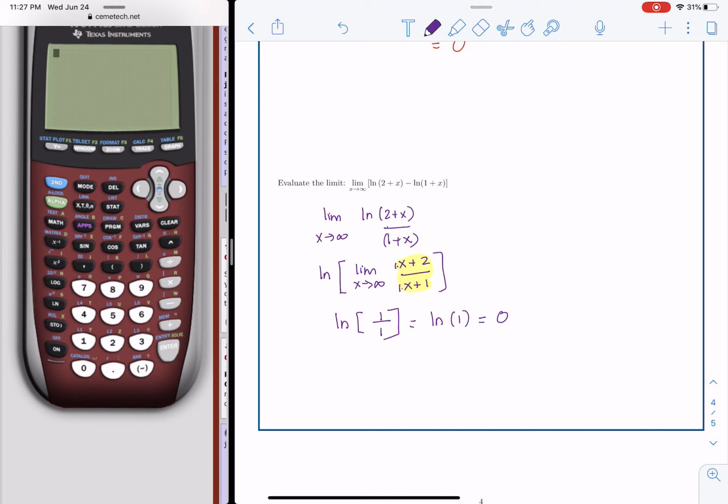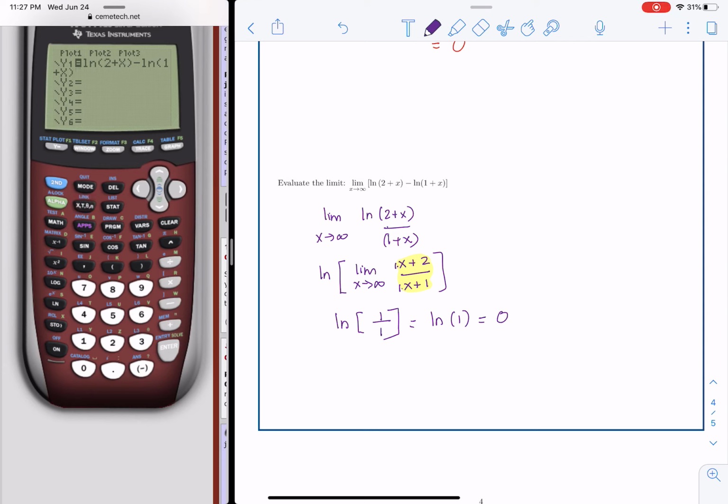Let's see if that is true. So ln of 2 plus x, so we could use double parentheses here, or we could simply do ln of 2 plus x minus ln of 1 plus x.